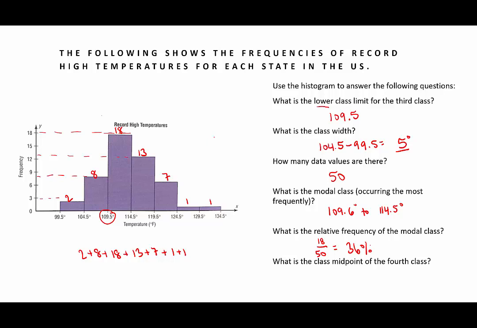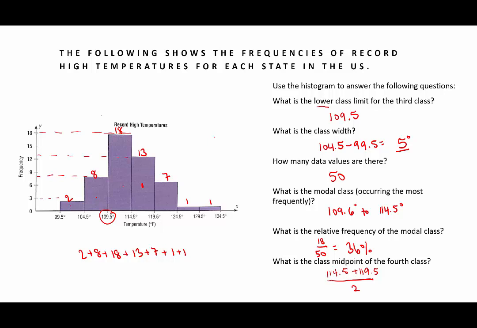Yikes. And then what is the class midpoint of the fourth class? We're just going to have to use the information given on this. So I kind of changed it with my modal class. Really, I would put a 5 back in there when I calculate the midpoint, I will. So let's see. 1, 2, 3. There's the fourth class. To calculate the class midpoint, we add the lower limit, which we'll do 114.5, plus the upper limit, 119.5, and we'll divide this by 2.